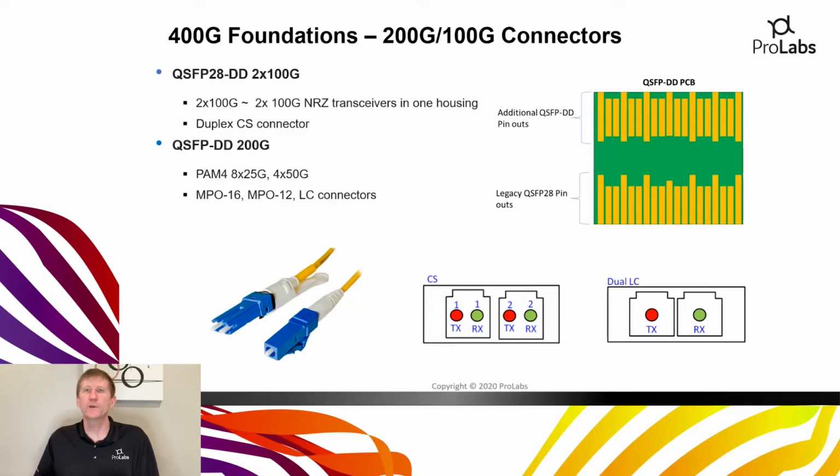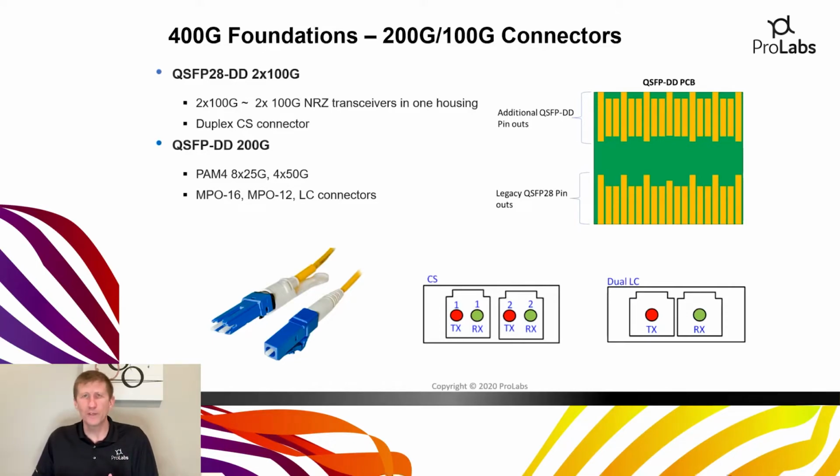That's an interesting way of looking at it, and that helps me rationalize why this matters in the network. Now, how this works, as you can see from the slide, a QSFP-DD transceiver has two sets of pins. Same pins that work with legacy QSFP28, then a whole other set of almost identical pins on the other side of the printed circuit board that allow it to essentially work two independent transceivers within one.